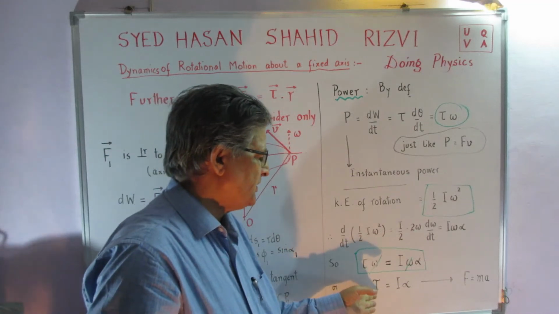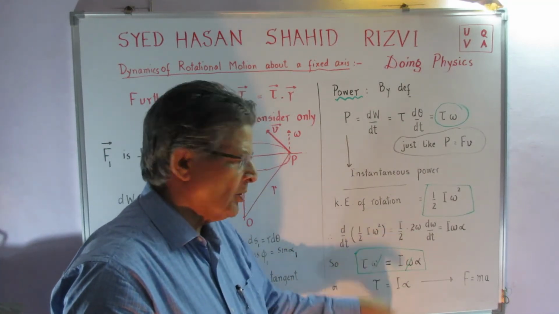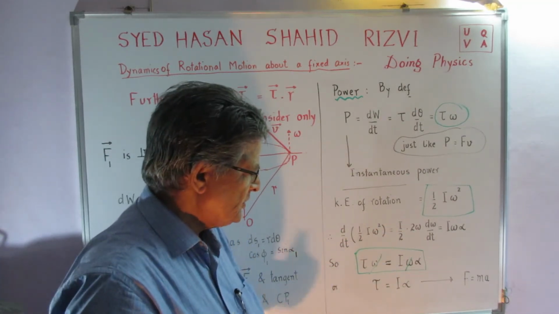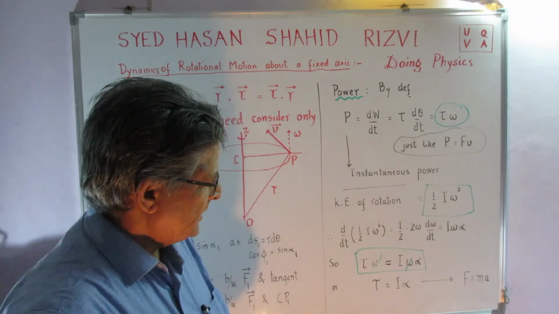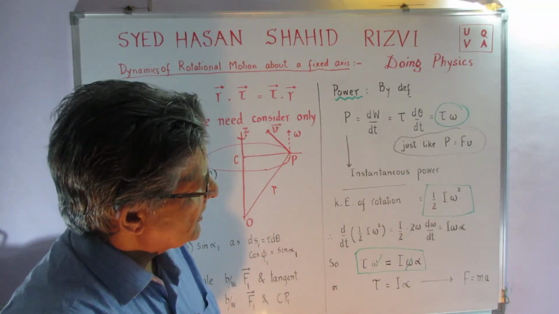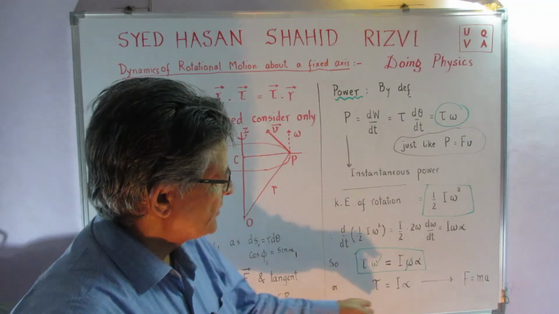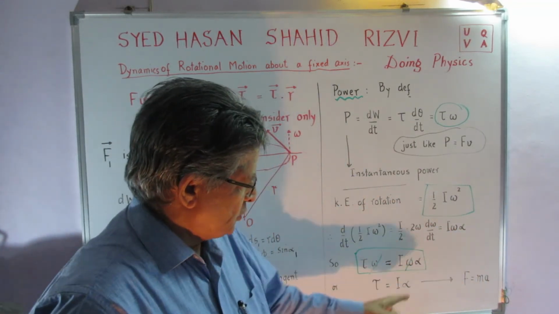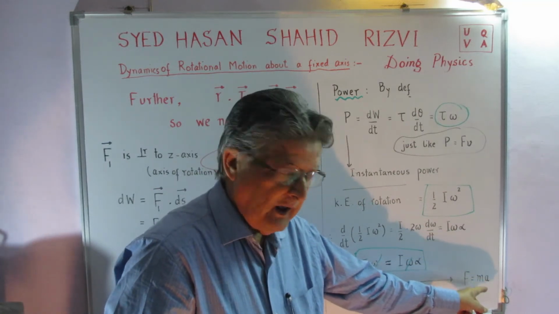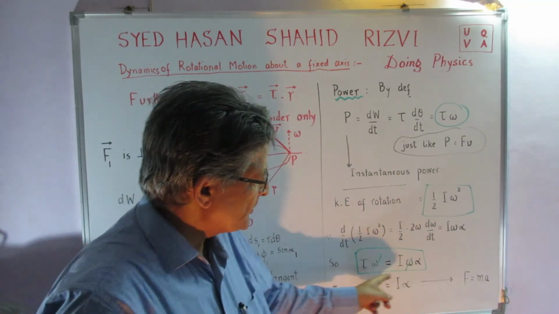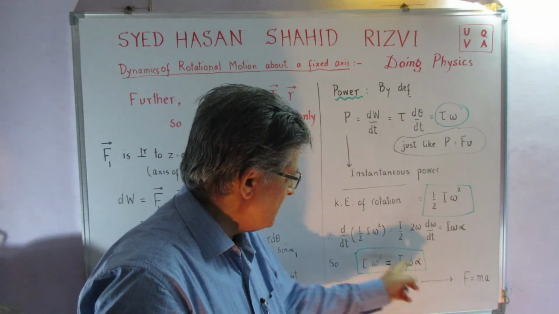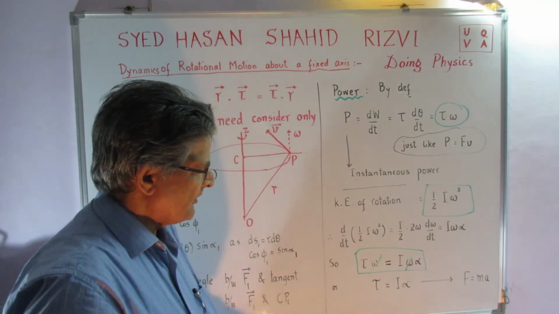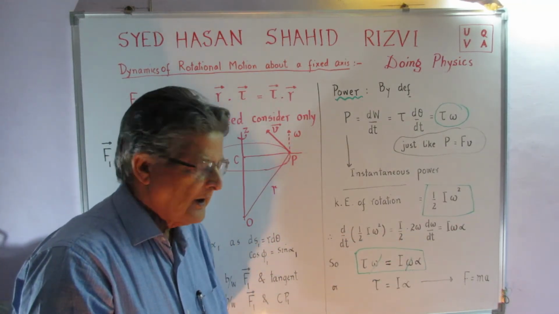This expression says that the torque is equal to the moment of inertia about the given axis multiplied by the angular acceleration. It has similarity with Newton's second law, F is equal to ma. So the counterpart of Newton's second law in rotational motion is that torque is equal to I alpha.